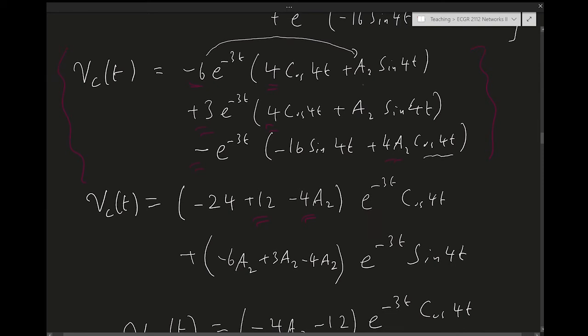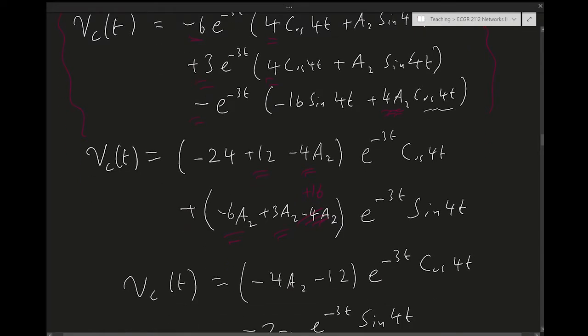So I had minus 6a2, that's fine. 3a2, that was fine. But then for the sine, I should have had minus times minus, I should have had plus 16. I treated the 4a2 as if it was the coefficient of the sine. So this was the error.